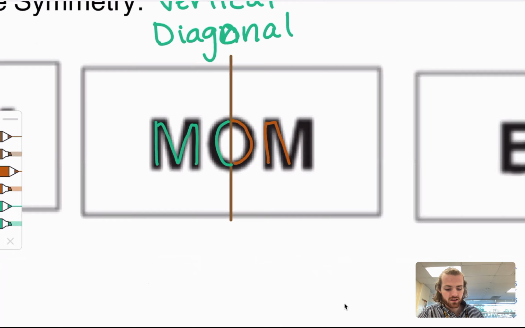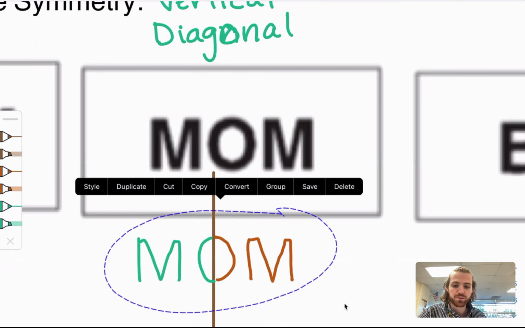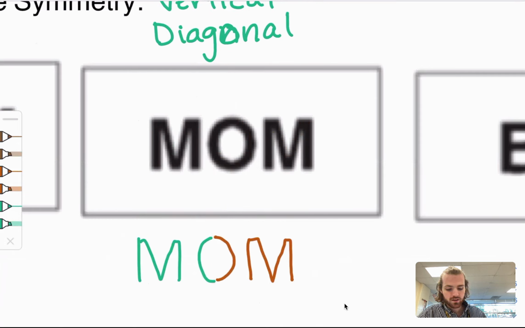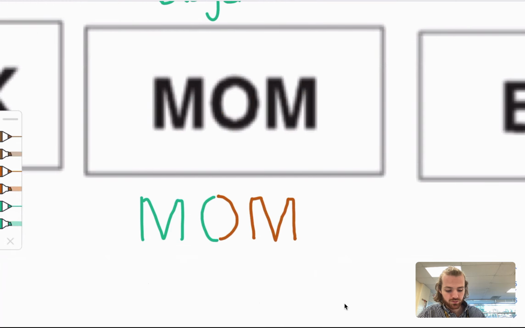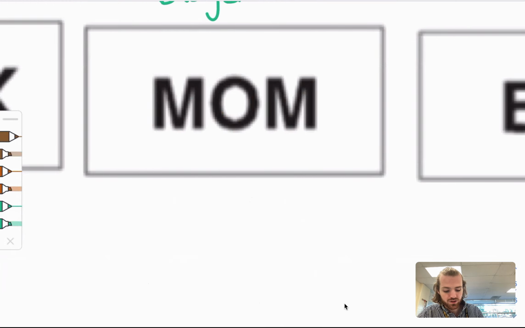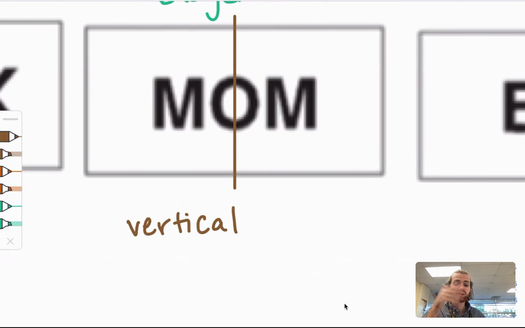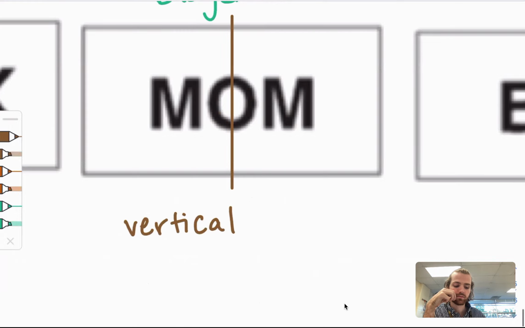Maybe we can see that when I drag that down, you can see we still have that word mom, right? So here we can draw that line, we do have vertical symmetry. We don't have horizontal, and we won't have diagonal.